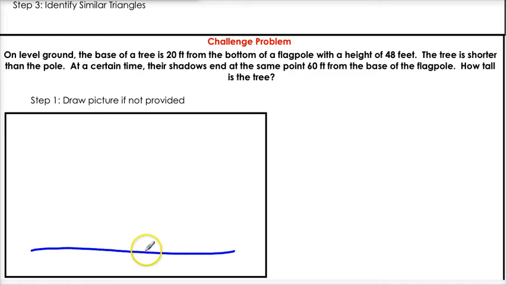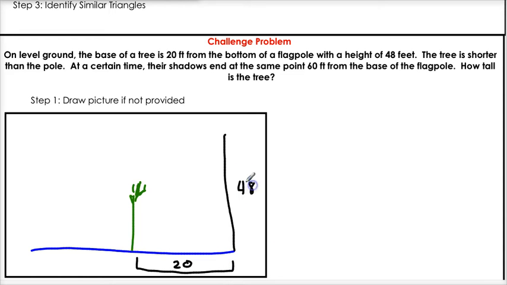Okay, the base of a tree, which is, let's draw our tree now, is 20 feet from the bottom of a flagpole. So this is my flagpole, okay? These have a distance of 20 feet from each other, and this is 48 feet because my flagpole is 48 feet. The tree is shorter than the pole.